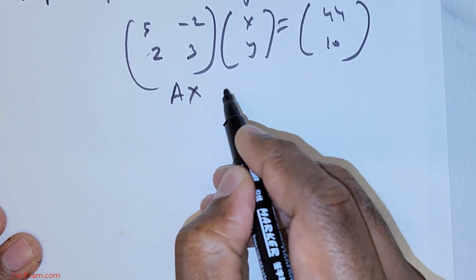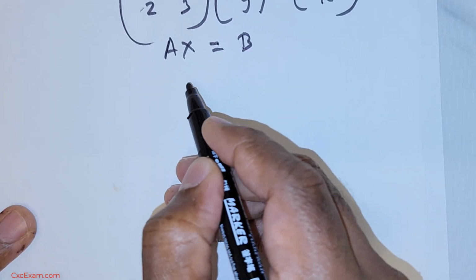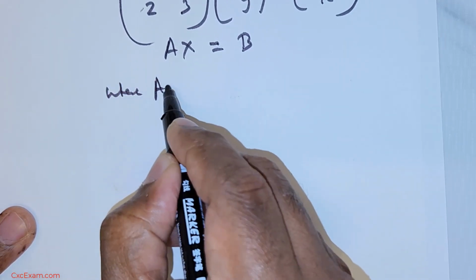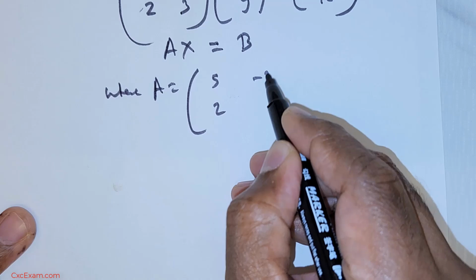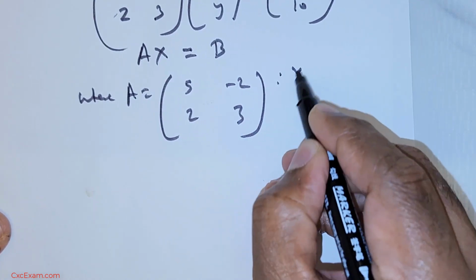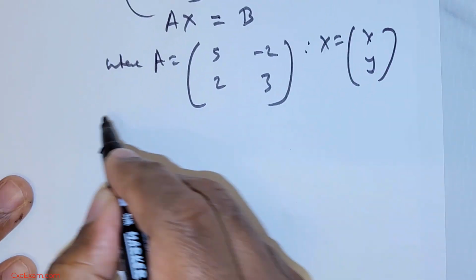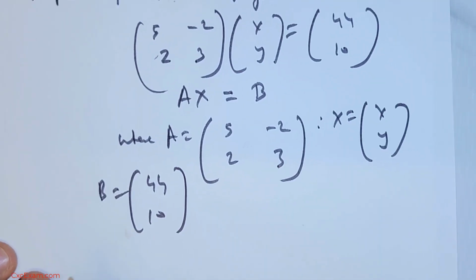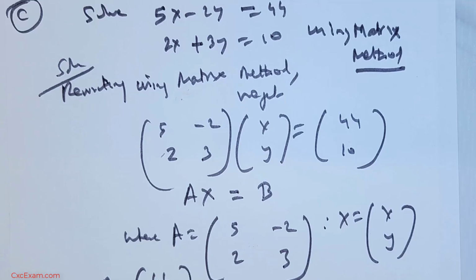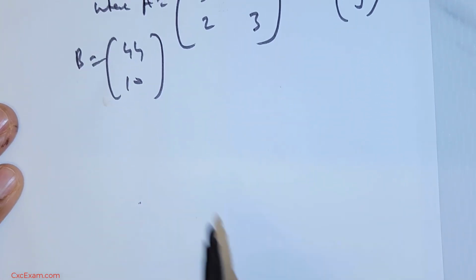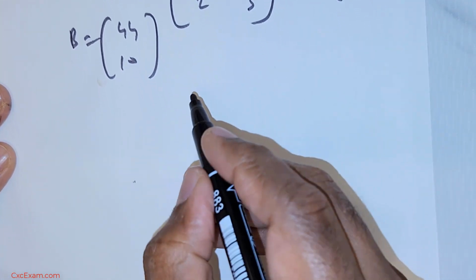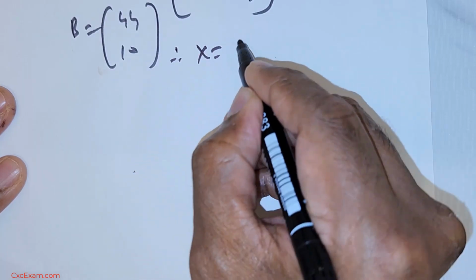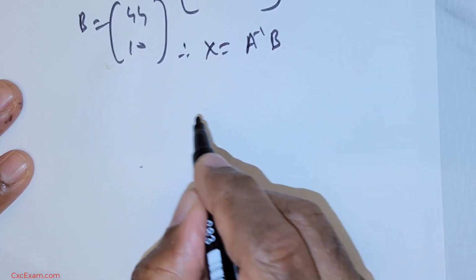I'm going to rewrite this as A times X is equal to B, where A is equal to [5, -2; 2, 3], X is equal to [x; y], and B is equal to [44; 10]. So you will have to express these elements like this specifically. Okay, so therefore X is equal to A inverse of B.